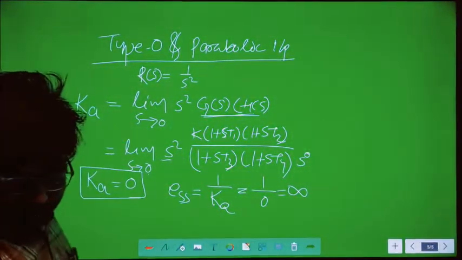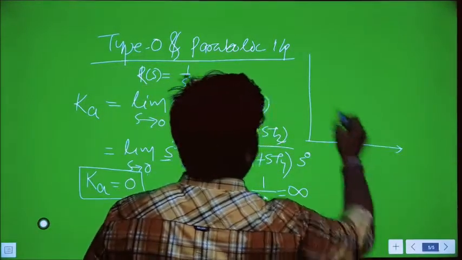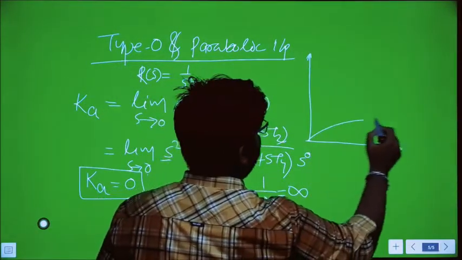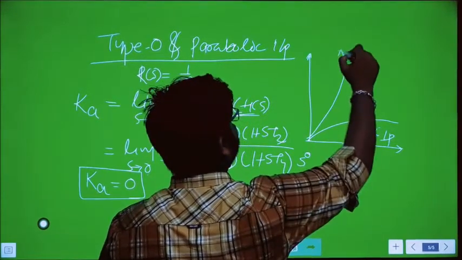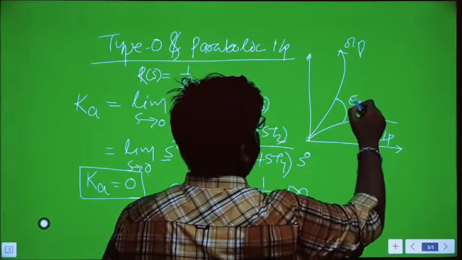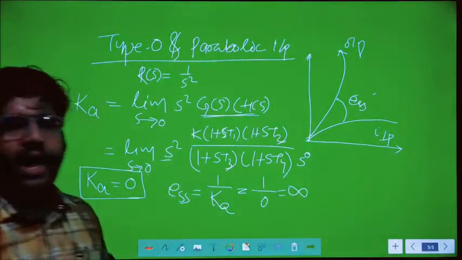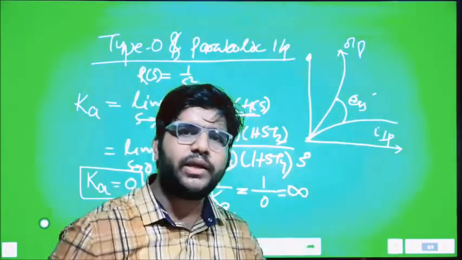Clear? So with this, if I try to draw the graph, it will become like this. If this is my input, this will be my output, and this will be my ESS, the steady state error. As my time increases, my error also increases.